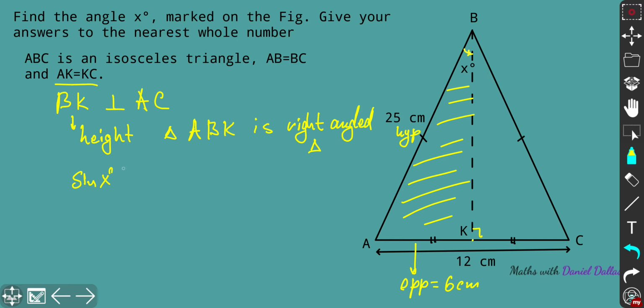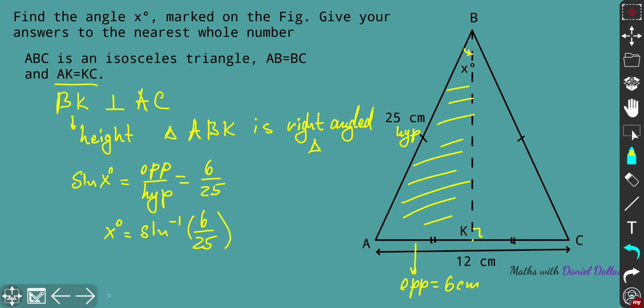So sine of angle x is going to be opposite over hypotenuse. Remember the rule, if you have the hypotenuse you always use sine or cosine. In this case we just plug in the numbers and we get the fraction 6 over 25. So angle x is the inverse sine of 6 over 25.